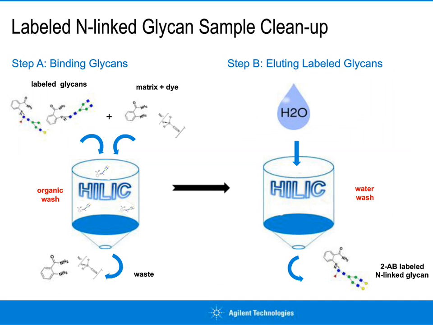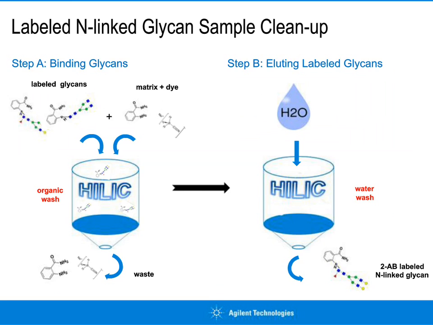Then, moving over to step 2 to the right, the HILIC-bound labeled glycans are eluted by the addition of water washes. The water washes release the labeled glycans from the HILIC sorbent, and the labeled glycans are then collected. Commonly, the collected labeled glycans are dried down and resolubilized in an appropriate injection solvent for HPLC, FLD, or mass spec analysis.